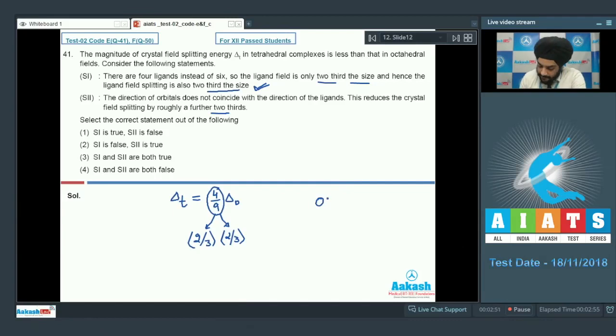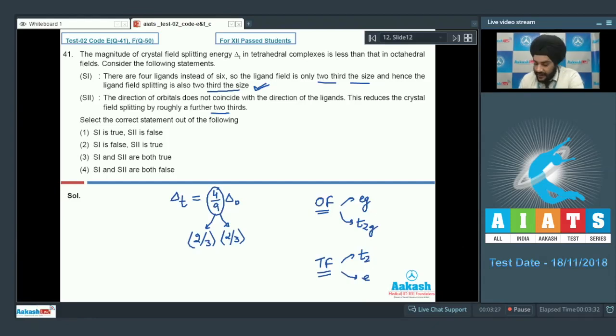We know that in an octahedral field, the EG orbitals are directly facing the incoming ligands, whereas the T2G electrons are not. But in a tetrahedral field, we know that neither EG nor T2G directly face the incoming ligands. There is more repulsion felt by the T2 electrons as the direction of approach of ligands is closer to them as compared to the EG electrons.